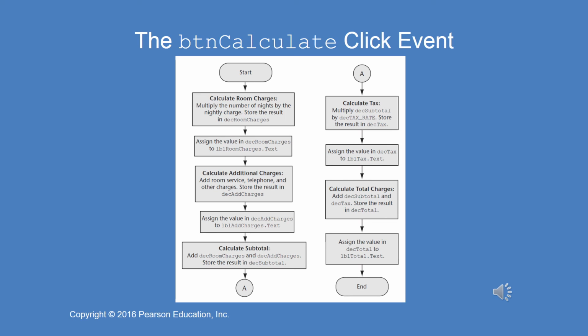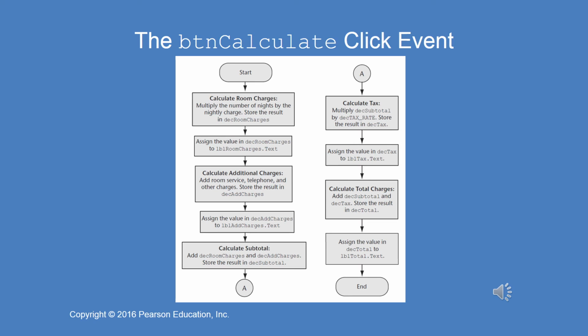You assign the value in decimal room charges to the text property of the label room charges. You calculate your additional charges. You add your room service, telephone, and other charges, and you store those results in the variable decimal add charges. And then you assign the value stored in decimal add charges to the text property of the label add charges.